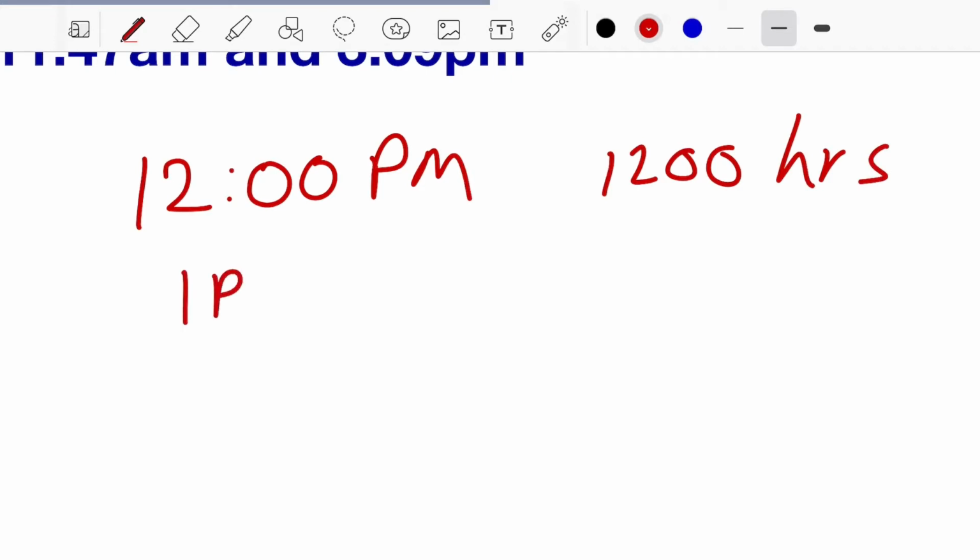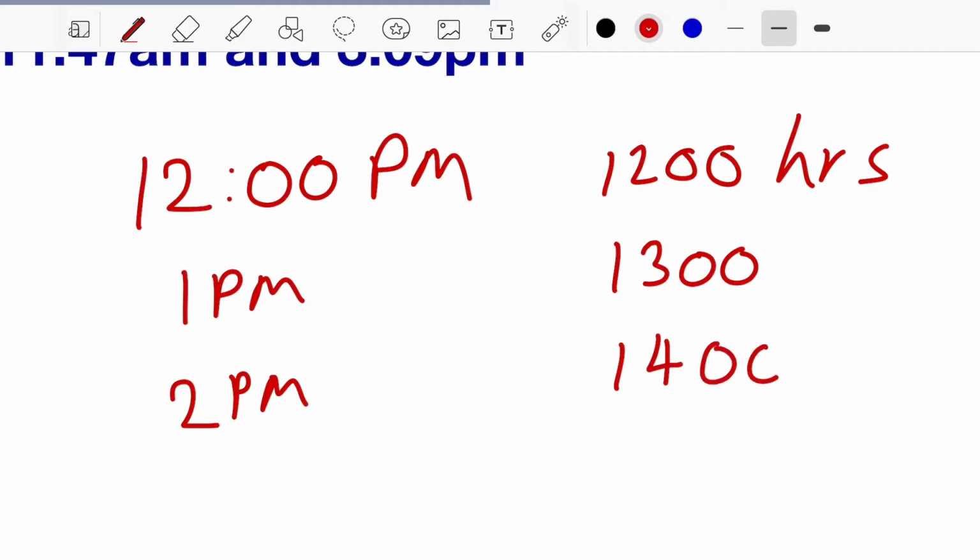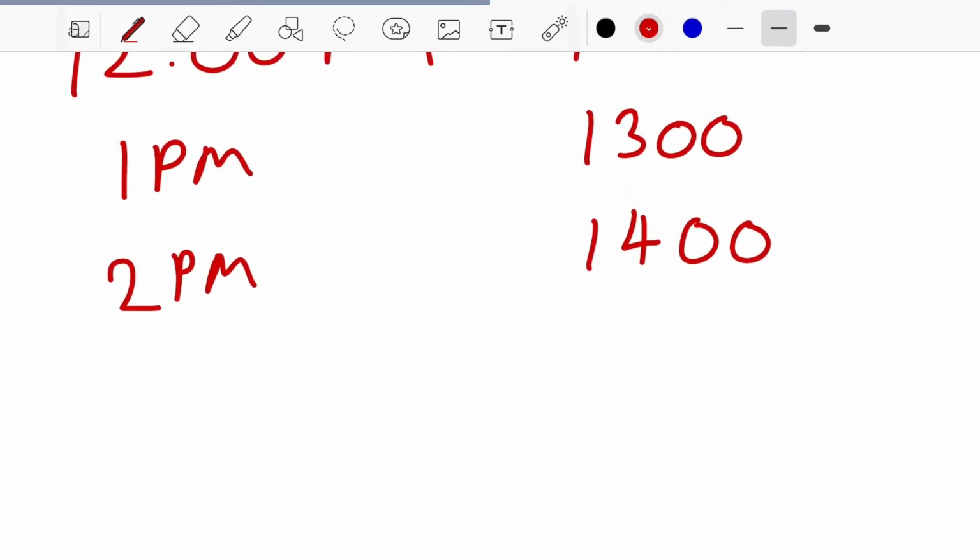One p.m. is written as 1300 hours. 2 p.m. is written as 1400 hours. And as we increase, let's say 5 p.m., 12 plus 5 is 17, so that's 1700 hours.